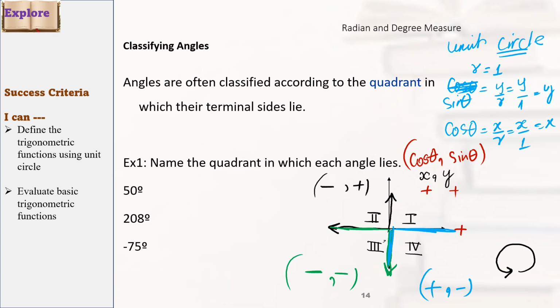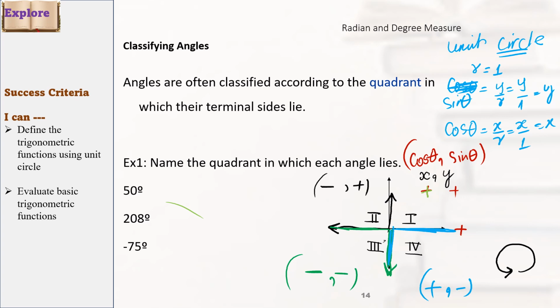Why do I need it? Because in ancient times, there were no calculators. So we had to find the values of cos, sine and tangent with the help of this coordinate plane, and their signs also had to be calculated accordingly. So what is the sign of cos theta in the first quadrant? In the first quadrant, cos theta is plus.